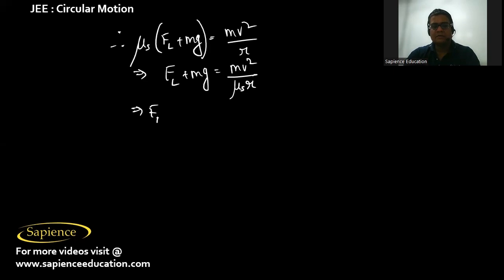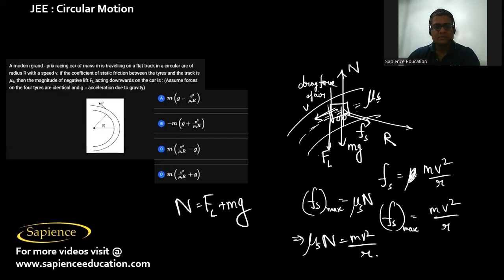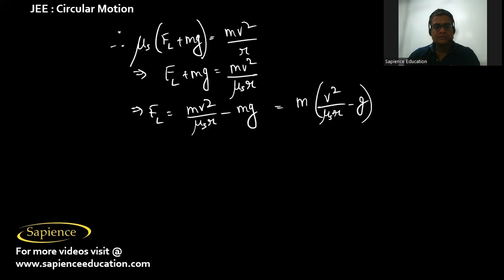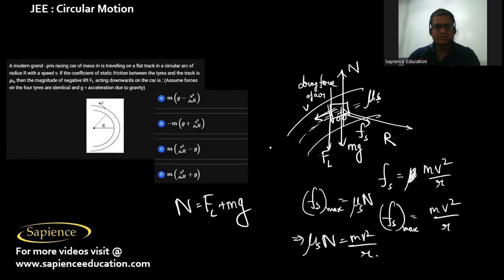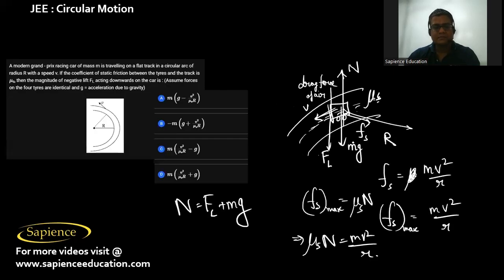So therefore Fl will be equal to mv square by mu s r minus mg. So this will be equal to m into (v square by mu s r minus g), or we can write it as minus m into (g minus v square by mu s r). So it means option C is the correct answer.